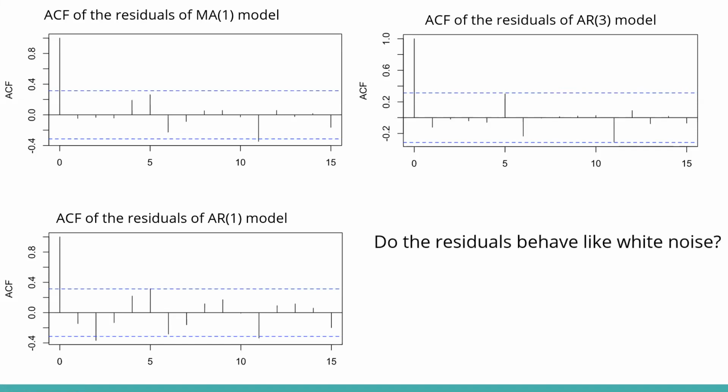Now the question here: do the residuals behave like a white noise in the first model, the MA of order 1, in the autoregressive of order 3, in the autoregressive of order 1? I told you before that all these models are valid. They are valid because a good number of the autocorrelations are bounded within the blue dotted line.